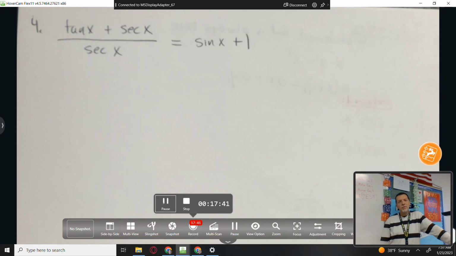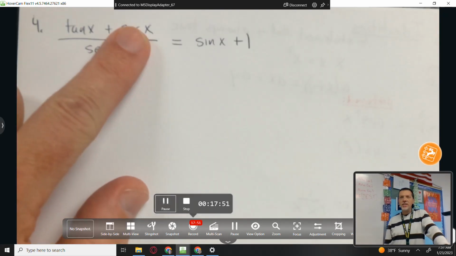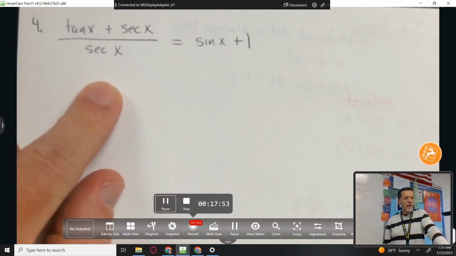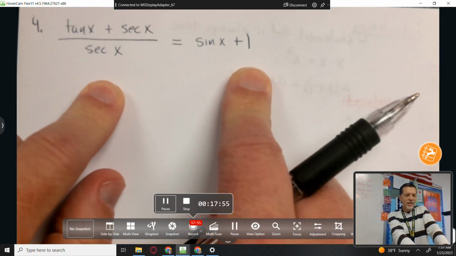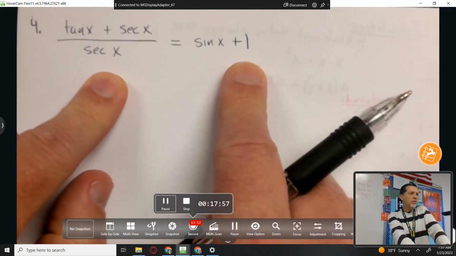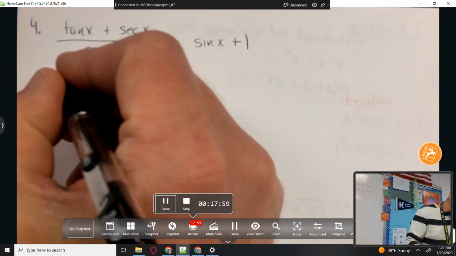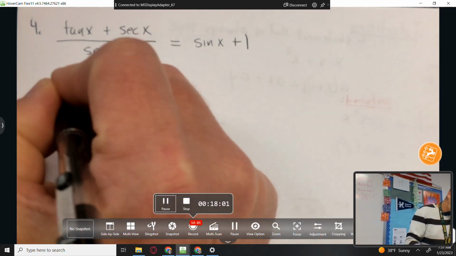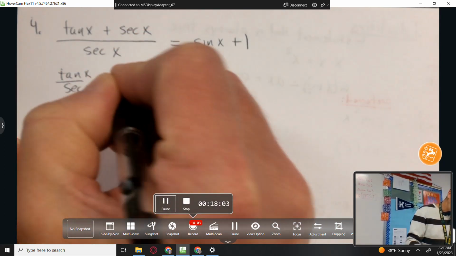That's always an option. But I feel like there's a better first step on this one. Cancel the secant out. Right. Be careful when you say that because you got to divide both of them by secant. But that second one, especially when you know what your answer is, secant over secant, that's the plus 1. So let's do tangent of x over secant of x plus 1.